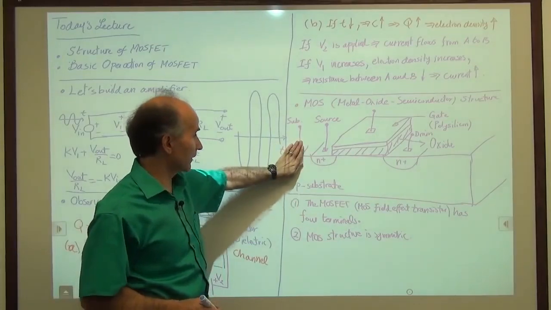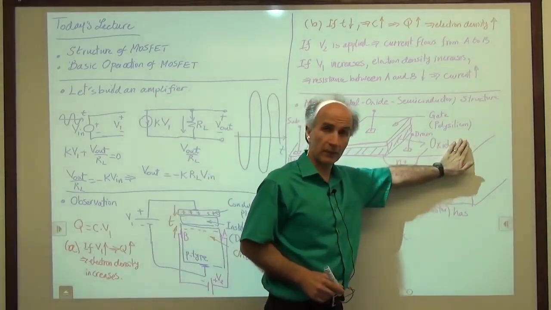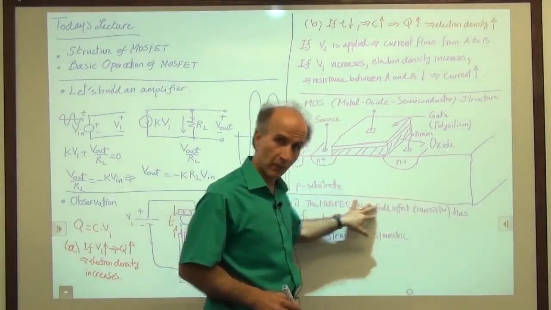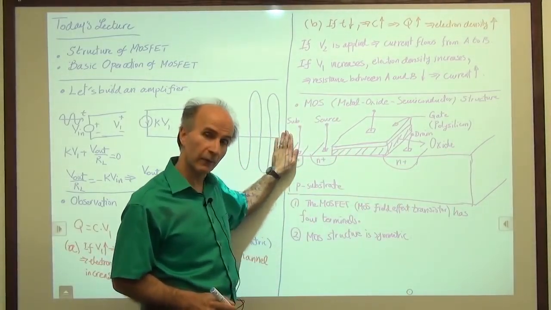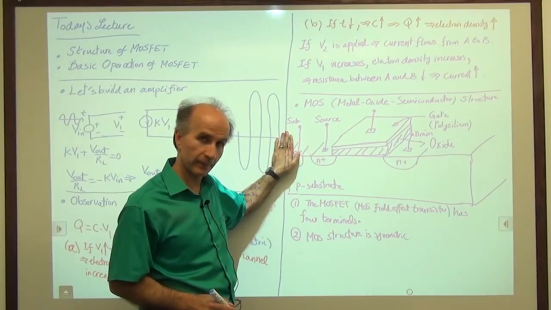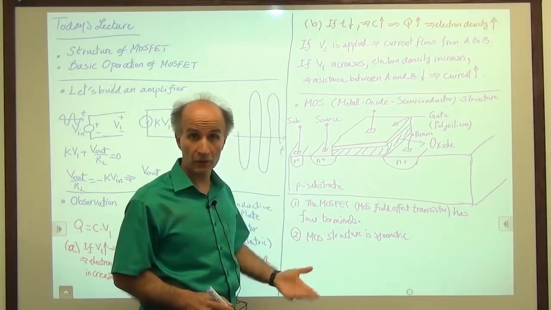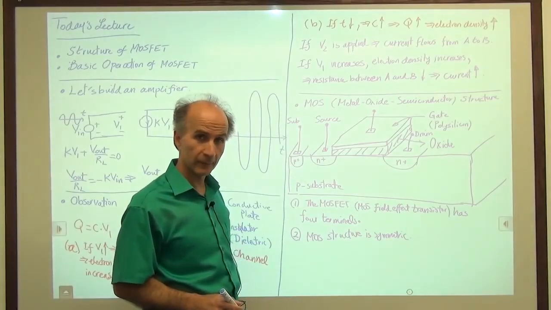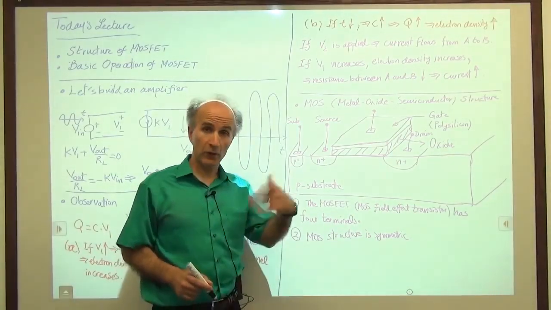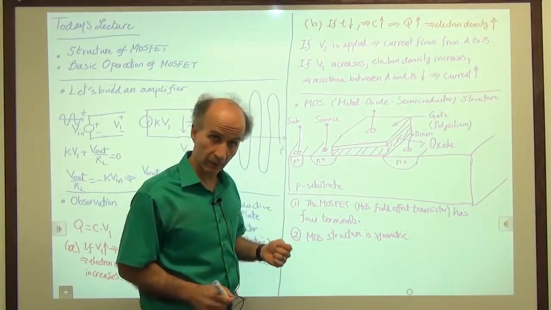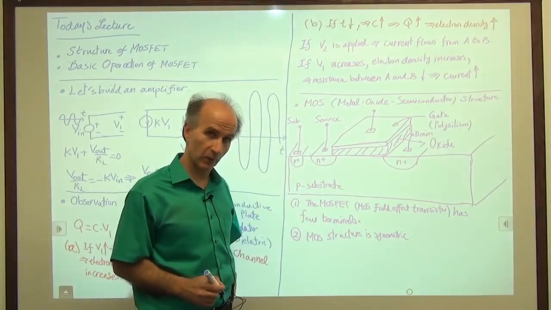And whether the substrate is over here or over here doesn't make any difference, because we're just trying to make a wire connection to this big bulk here. So that doesn't affect the symmetry that much. The fact that the MOS structure is symmetric is sometimes very useful in circuit design. If you have watched the bipolar lectures, you might remember that a bipolar structure was not symmetric. So that's a point of contrast between the two.